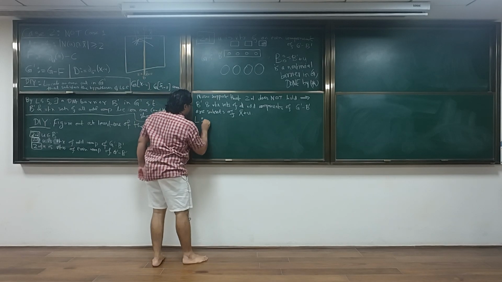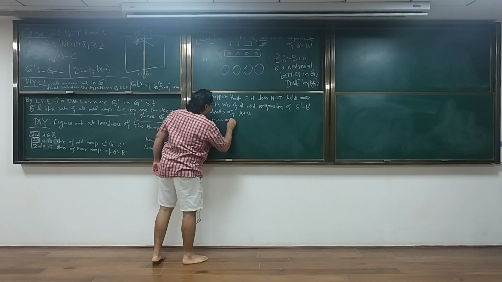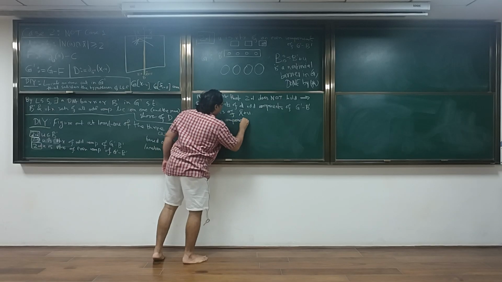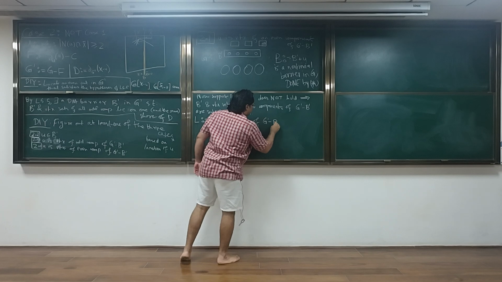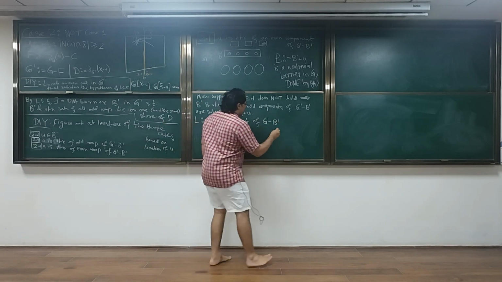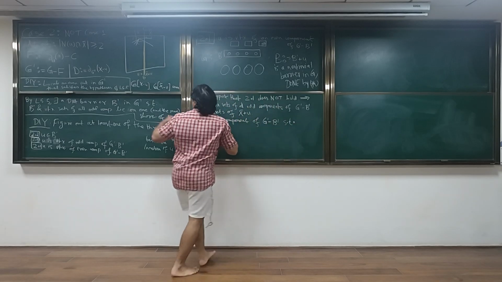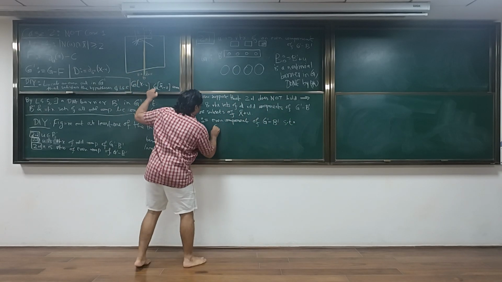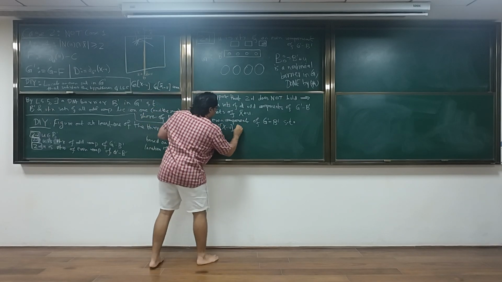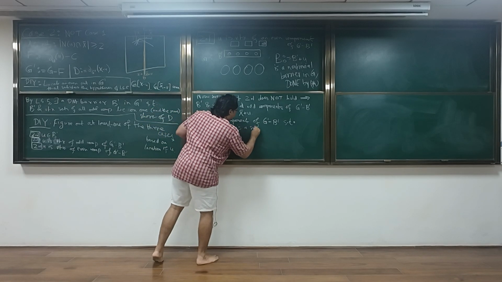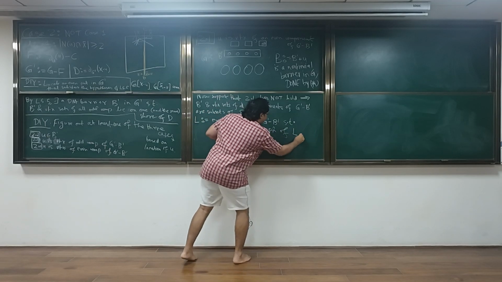Let L denote the even component of G prime minus B prime such that the graph G prime induced by X minus U is a subgraph of L. Do you all agree?